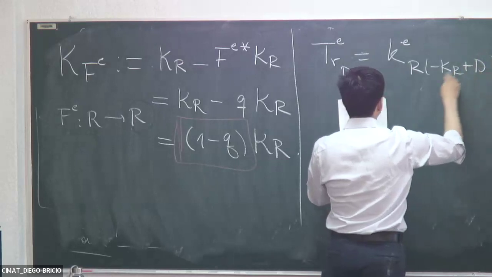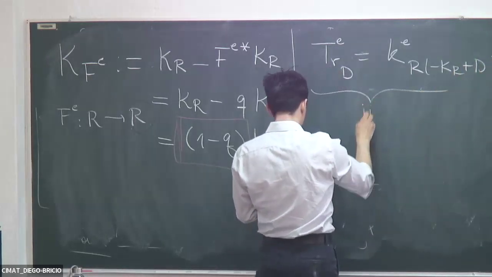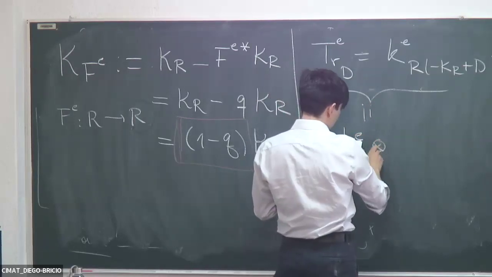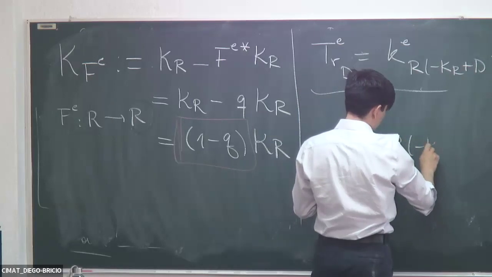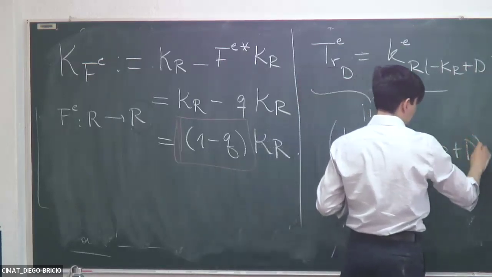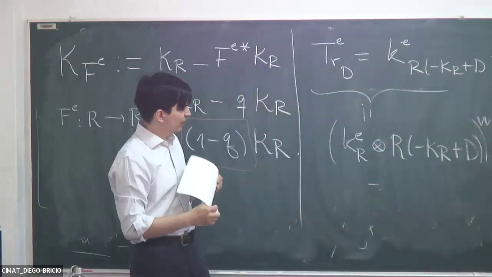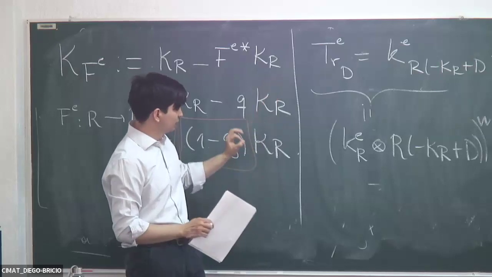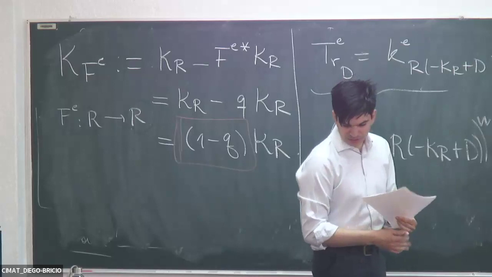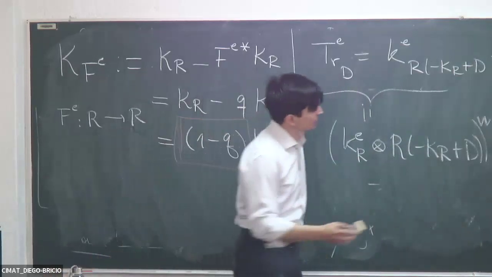I'm going to take any divisor D, and by definition this is the Cartier operator E tensor R minus kappa R with D, reflexified. We did this the other day with a general little f instead of just Frobenius. So I just repeated myself so that we refresh everything.